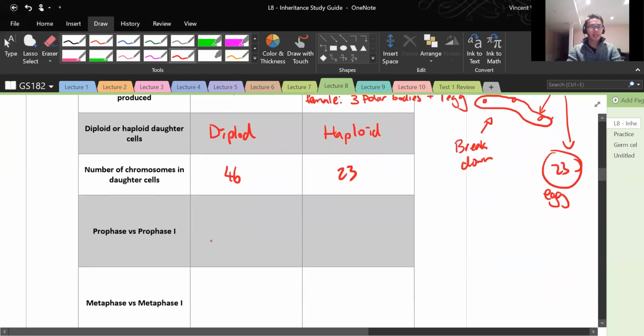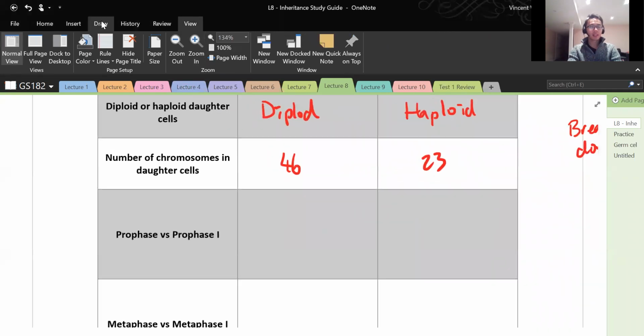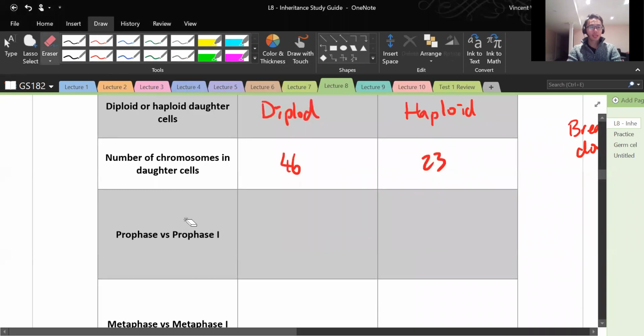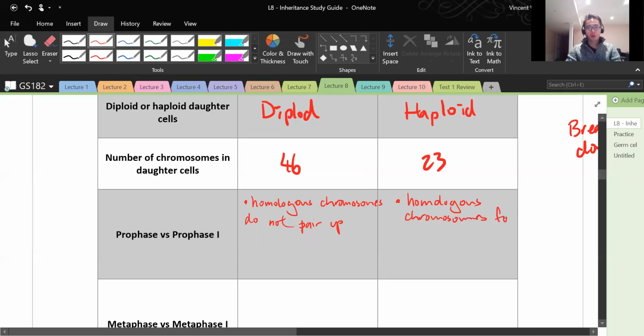Comparing prophase in mitosis and prophase 1 in meiosis, what is the difference? In mitosis, homologous chromosomes do not pair up, whereas in meiosis, homologous chromosomes form tetrads, and then crossing over takes place.